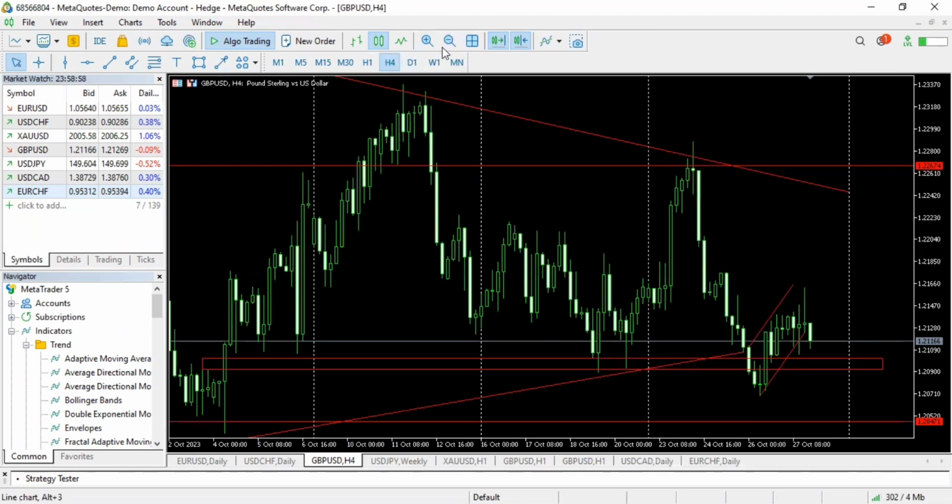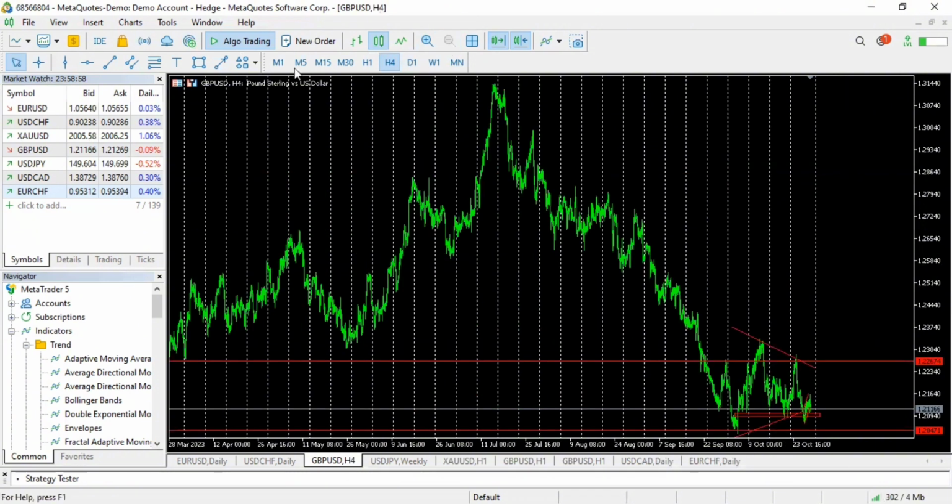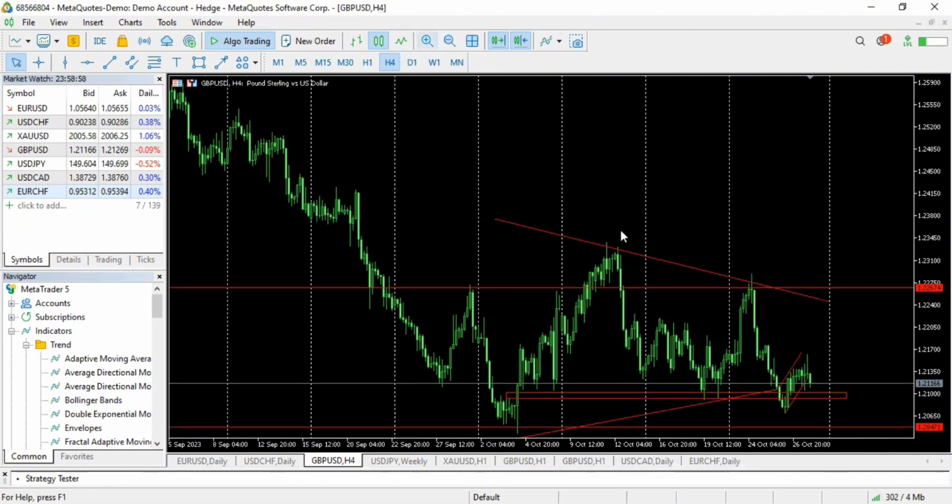So what I would suggest is to still observe this pair till FOMC to see if they will break out of this, of which sometimes they could price in the fundamentals before that day.